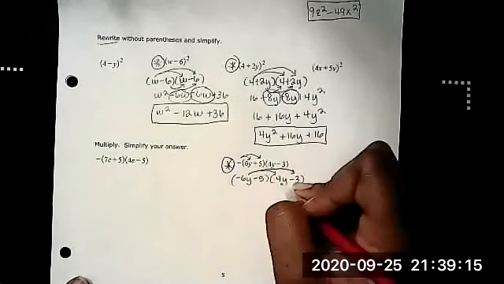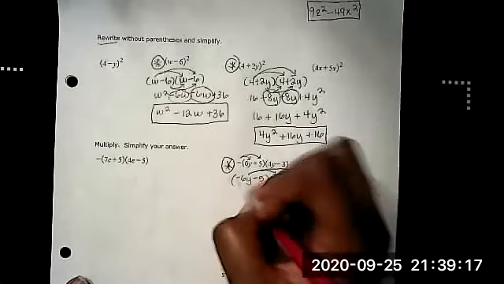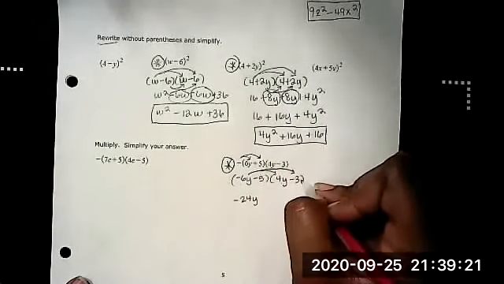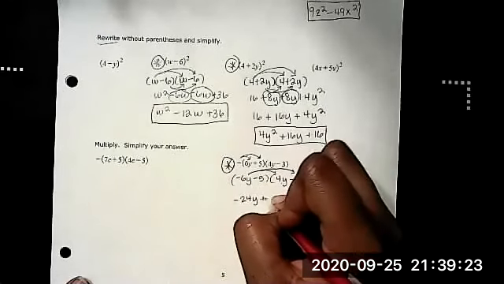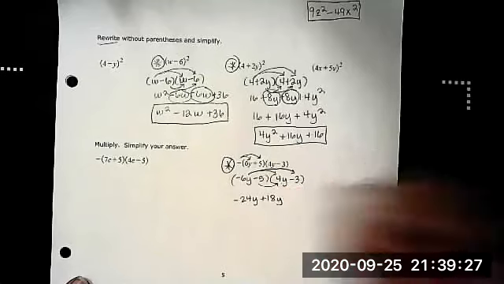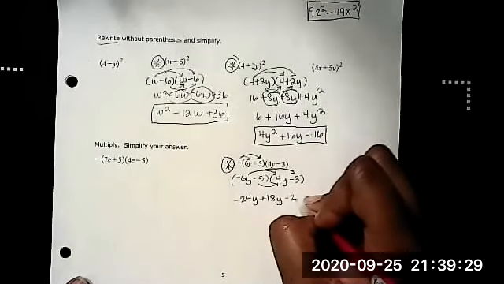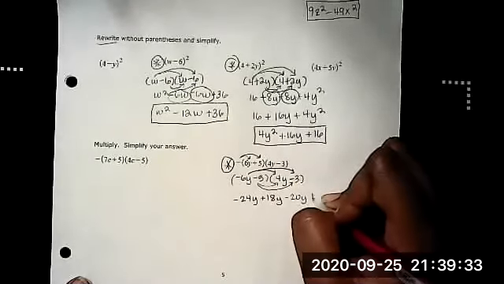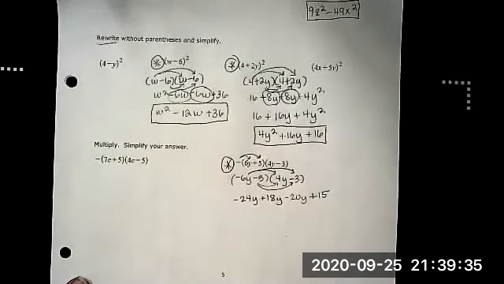So negative 6 times 4y becomes negative 24y. Negative 6 times negative 3, positive 18y. Then I multiply negative 5 times 4 is negative 20y. And then negative 5 times negative 3 is positive 15. Okay?